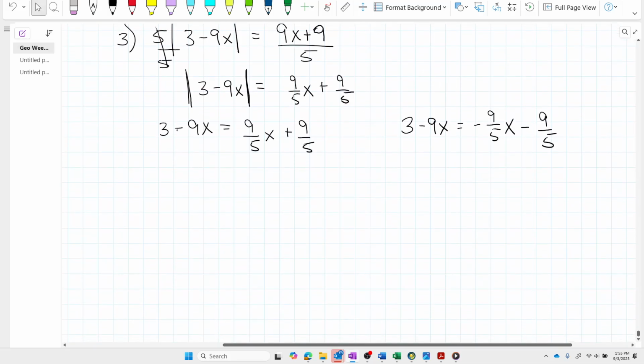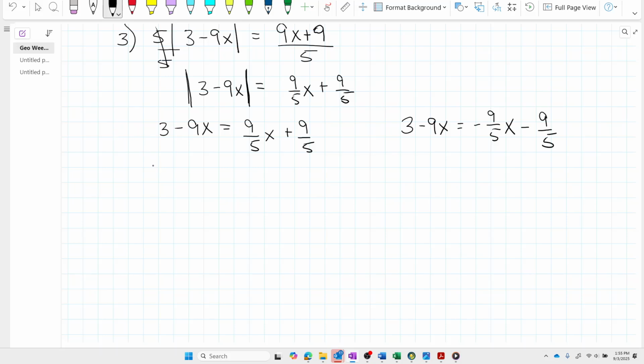All right, so right over here on this equation on the left, we're gonna move the 9x. So we're gonna add 9x to each side. And then subtract 9/5 from each side. That'll cancel the variables on the left and put them all on the right.